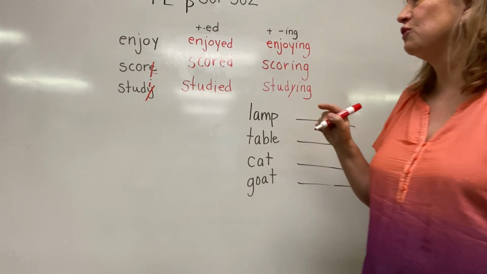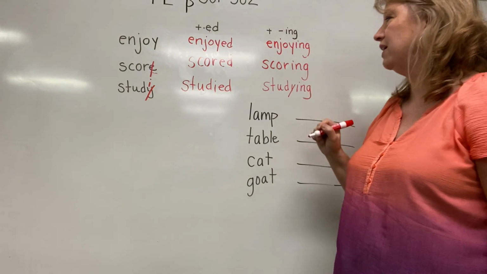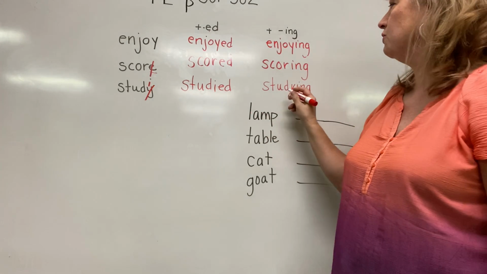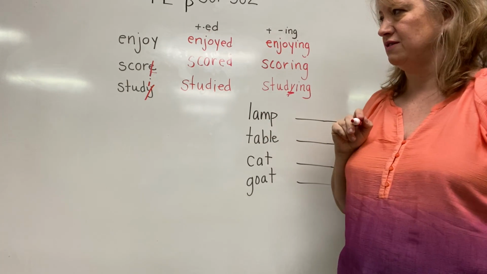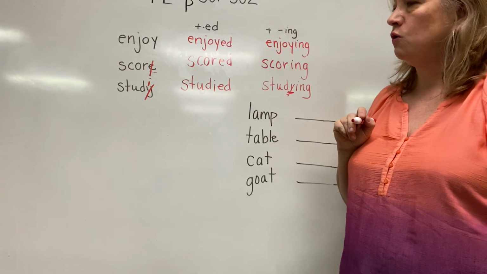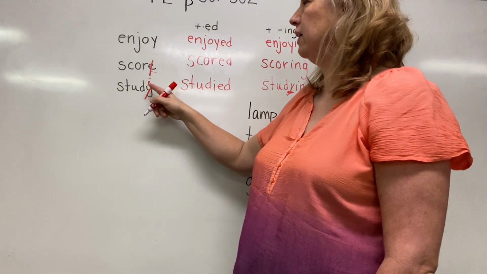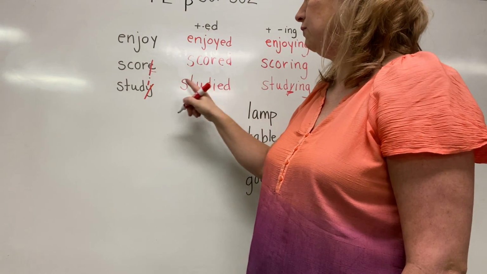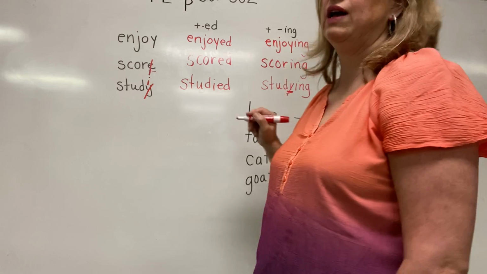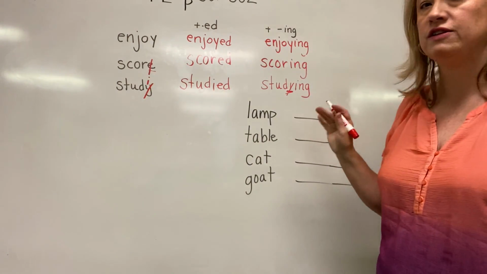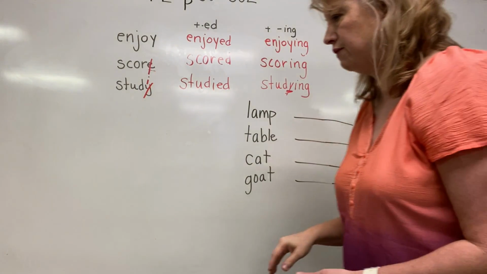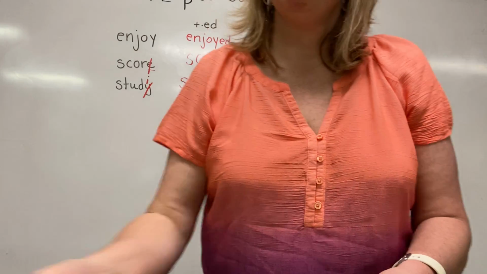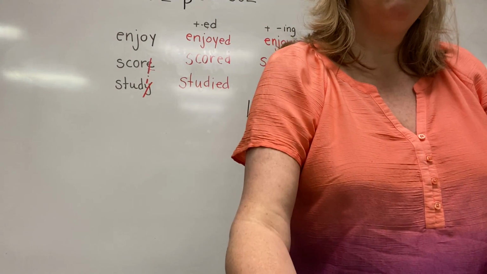You cannot change the Y to an I when you're adding ing because it would be two I's. So this is different, okay? You only change it if you're adding the E. You don't change the Y if you're adding ing. So remember that. That's very important.